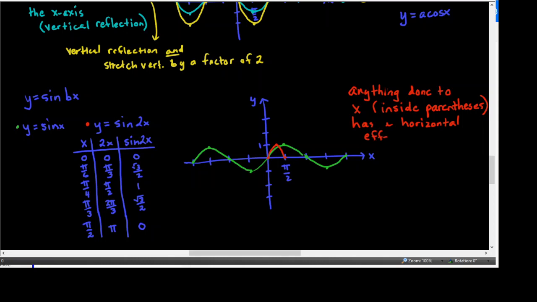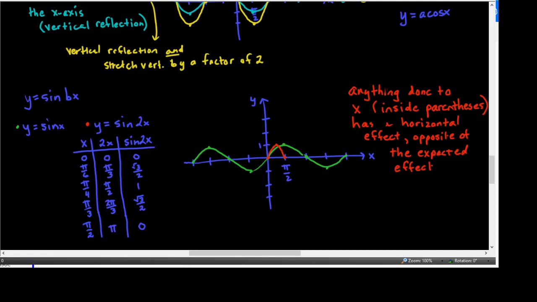So it has a horizontal effect opposite of the expected effect. So when you multiply by 2, you think you're going to make it bigger, so it'll stretch out. It actually shrinks it, and it's half the distance from the y-axis compared to the original.